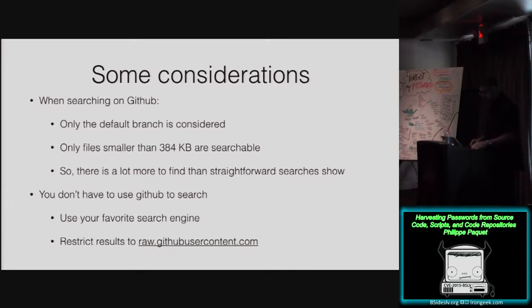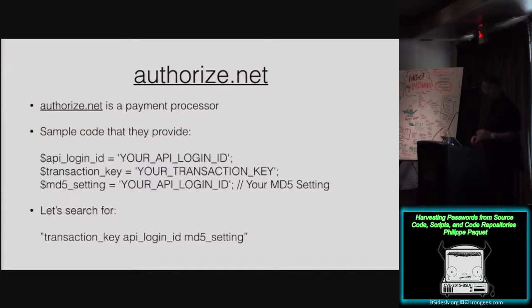So let's start with Authorize.net. Authorize.net is a payment processor. If you look at their sample code, you can find some keywords: API logging ID, transaction key, MD5 settings.